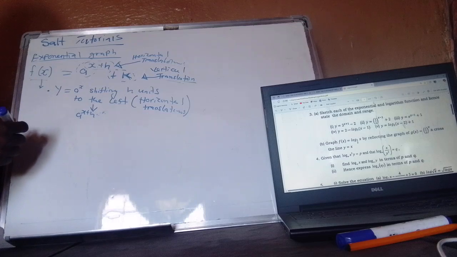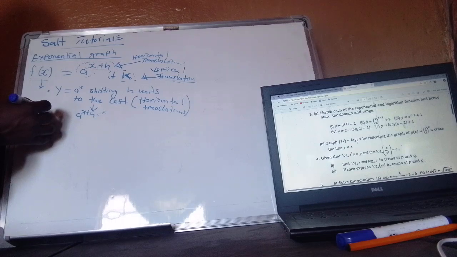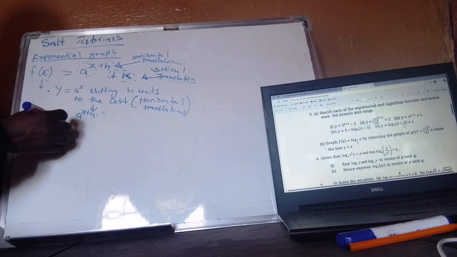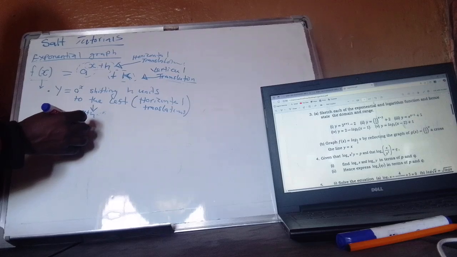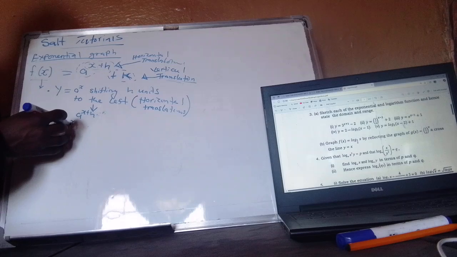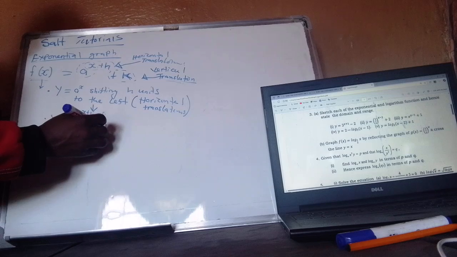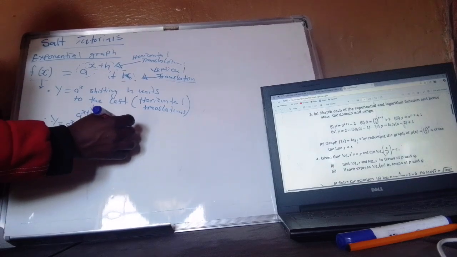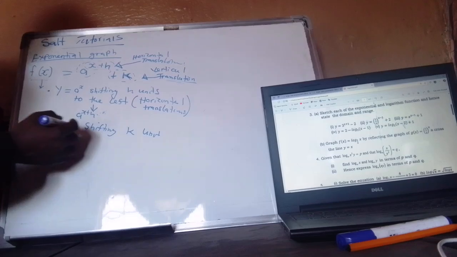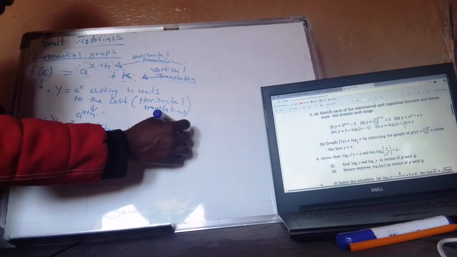So what am I expecting? If I have this k, it means that if I have y equals a power x plus k, or maybe I can simply say y equals a power x shifting k units, so y equals a power x shifts k units upwards.